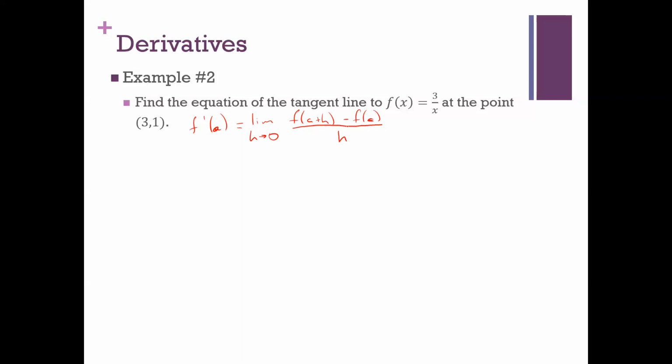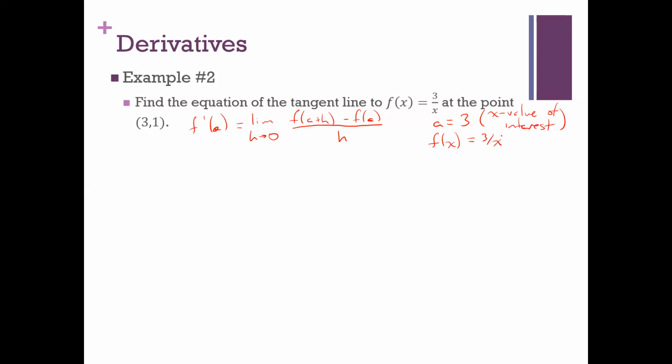So in this case, this whole thing I just wrote is general. What's the a that I care about here? Great. So this is my x value of interest. What other symbols am I going to have to unpack? What's f of x? 3 over x.